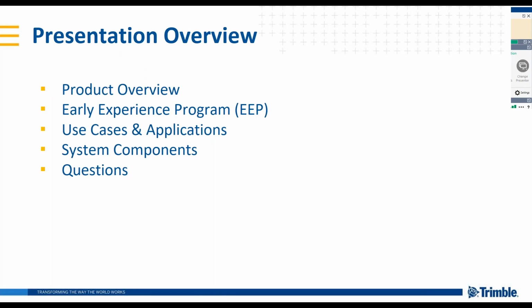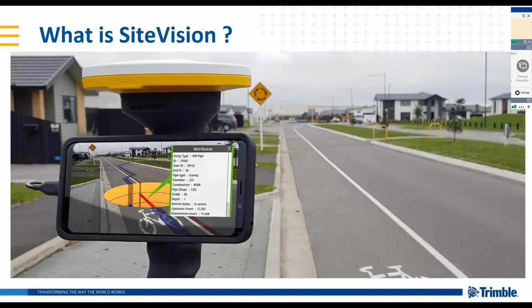Okay, let's start. I'm sure many of you have seen this handheld device with an antenna on top and a mobile phone, and I'm also sure that most of you logging into this webinar have an idea what SiteVision is. But what we will try to go through now is what SiteVision really is, and the details behind this product.